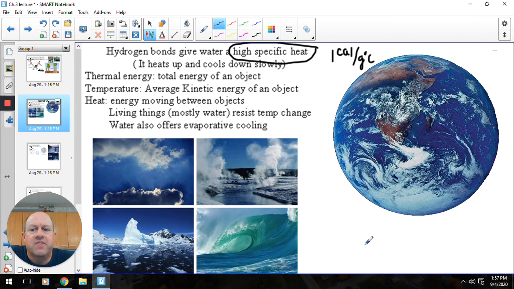Another thing is, when we talk about something's temperature, this is its average kinetic energy. This would be the average of all the molecules' kinetic energy in that material. So when we want to cool something's temperature down, like in the case of evaporative cooling, what we're doing is losing the hot molecules.